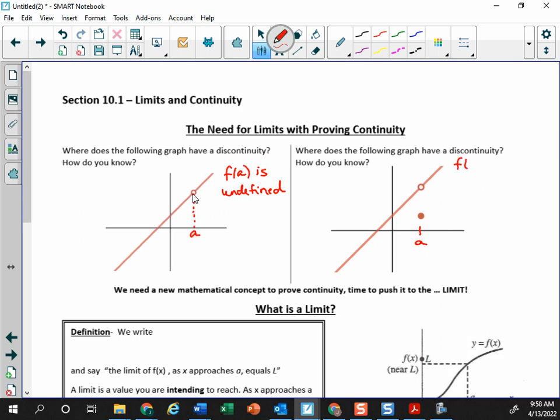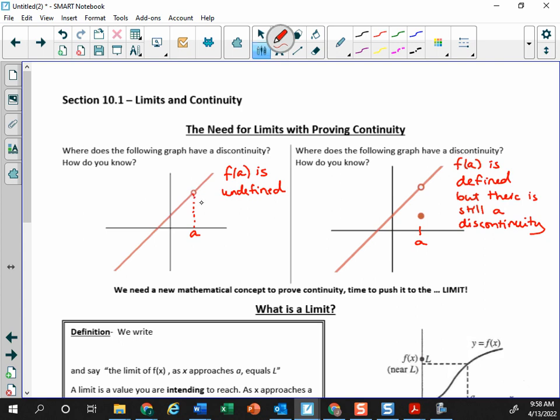So f of A is defined here, but there still is a discontinuity. So we have to be good at identifying if a function is defined or not at a certain x value.